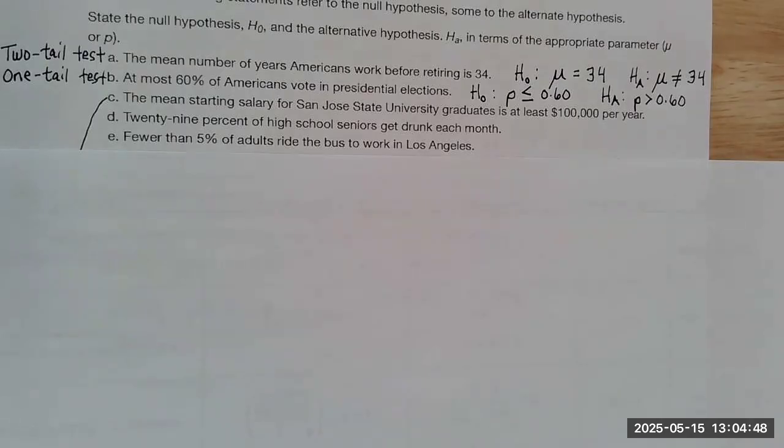If I want to make my null hypothesis, the rule is the equal sign has to be with the null hypothesis. And so if I say that fewer than 5% of adults, that's fewer.